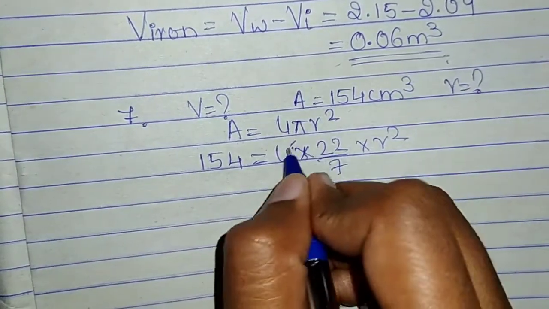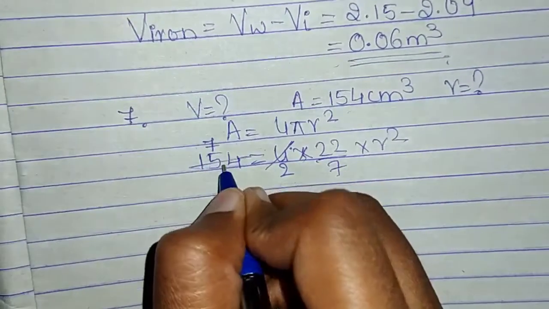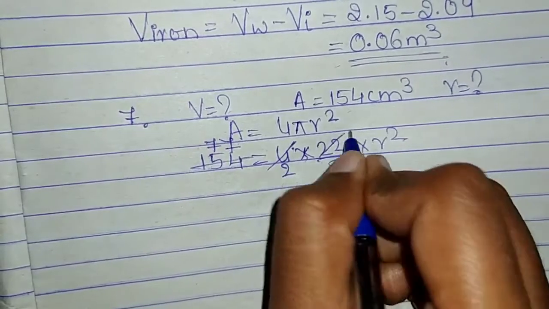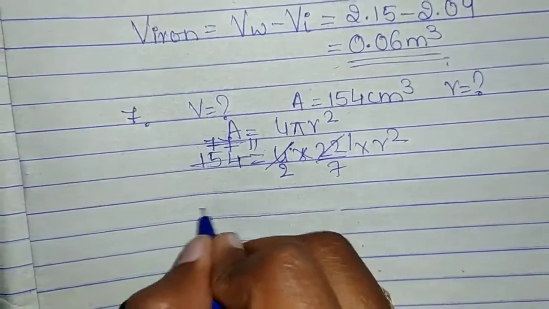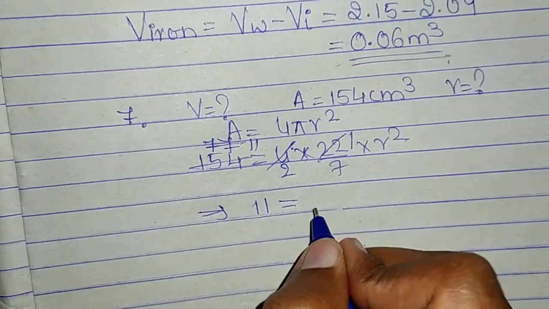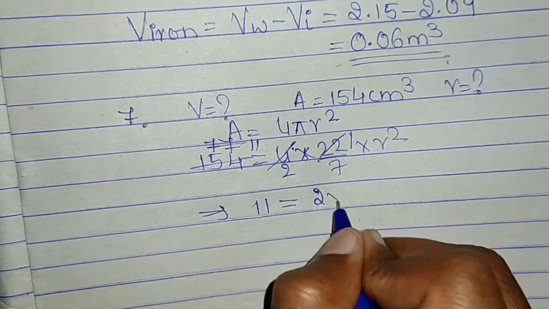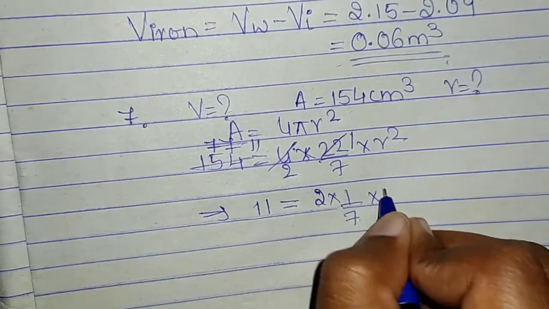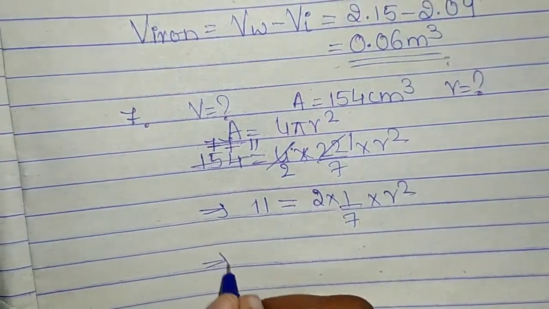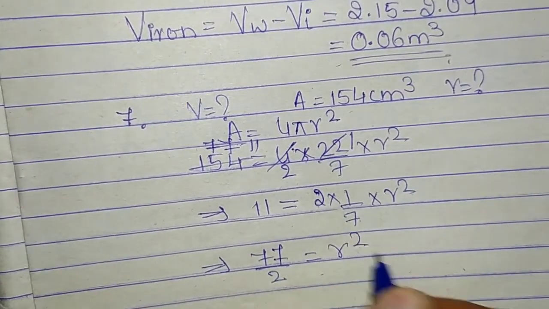So this implies 11 is equal to 2 into 1 by 7 into r square. So this is nothing but 77 by 2 is equal to r square.